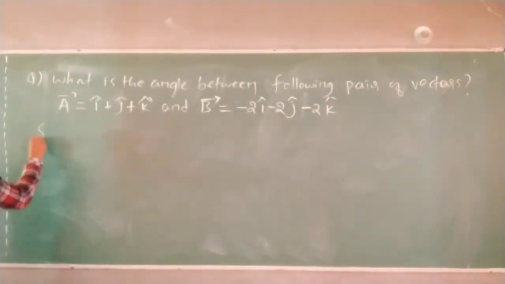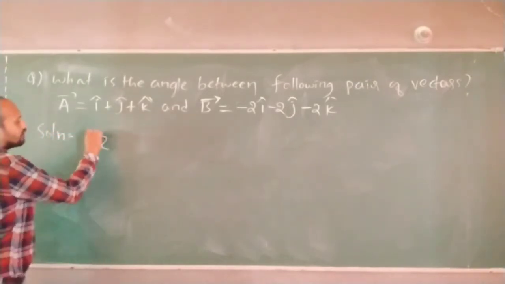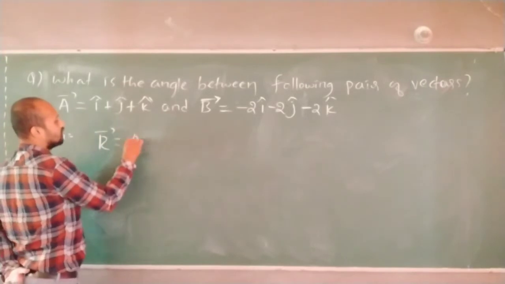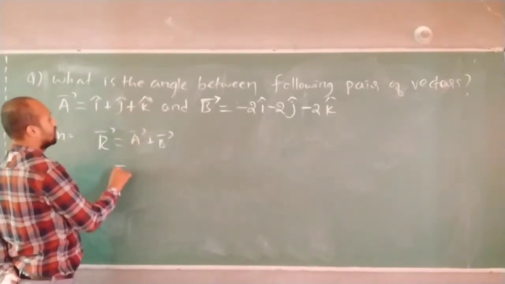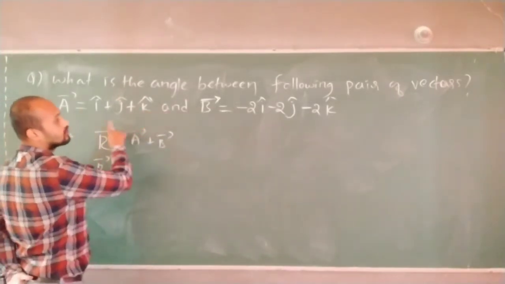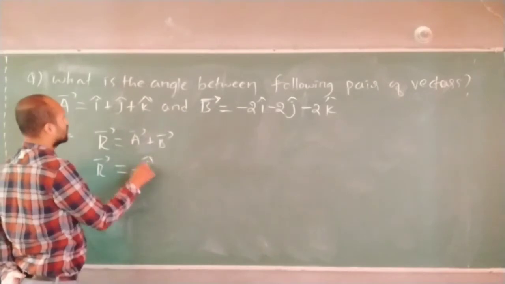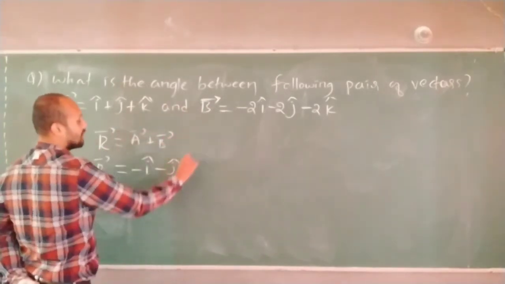What I can do is, if you want to find, you can find R. R is equal to vector A plus vector B. Add them. How much will you get? Resultant R will be equal to how much? This will become minus i cap, minus j cap, minus k cap.